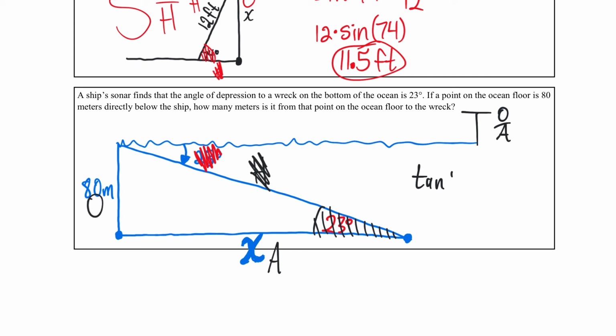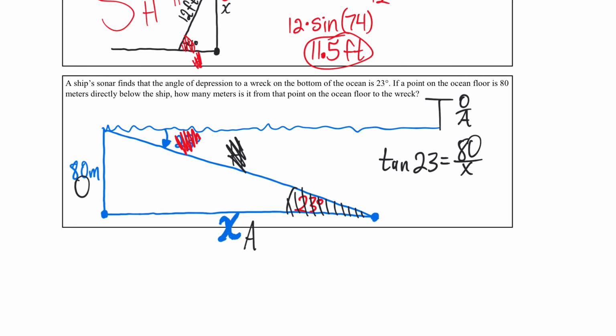So I'm going to go tan of 23 equals the opposite 80 over the adjacent X. X is on bottom, I'm going to divide, so I'm going to take 80 divided by the tan of 23. What does that give you? 188.5 meters.